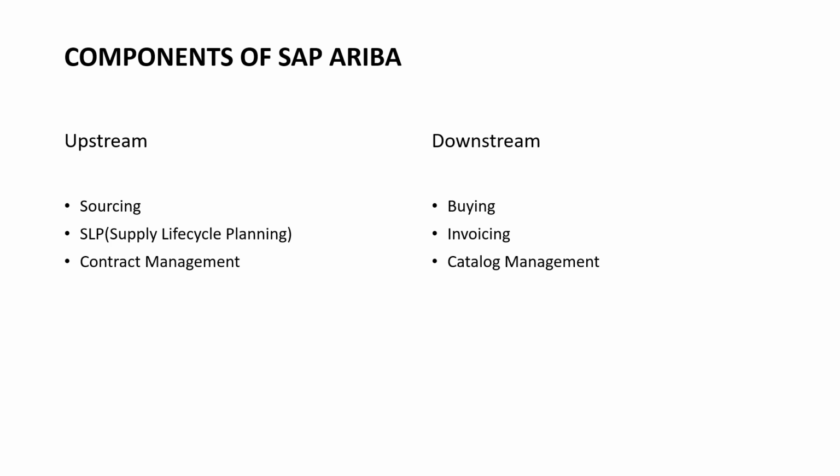This is the supplier lifecycle planning. Okay. Then third module is contract management. Ariba contract management is an end-to-end solution designed for the creation, execution and management of any type of contractual agreement.